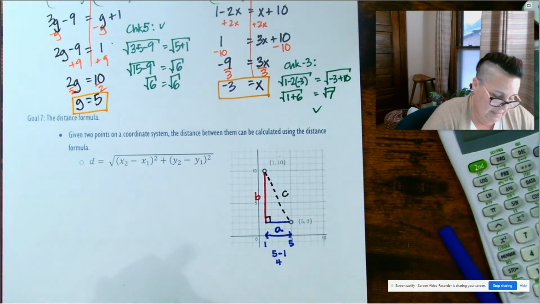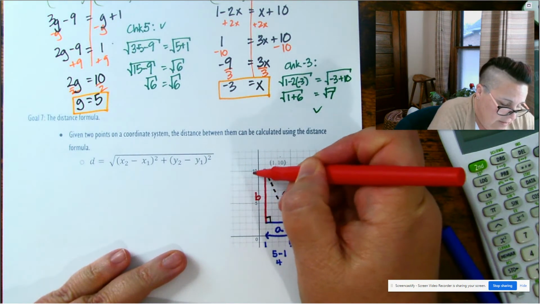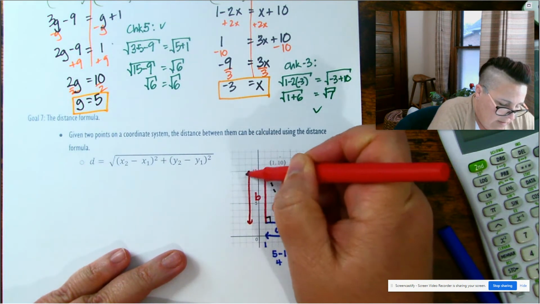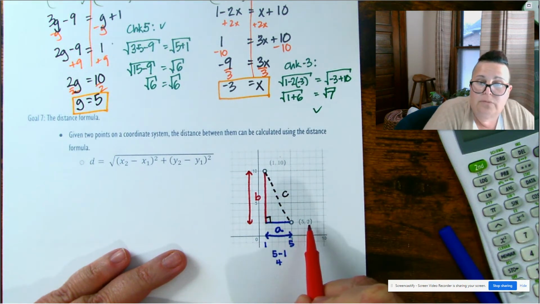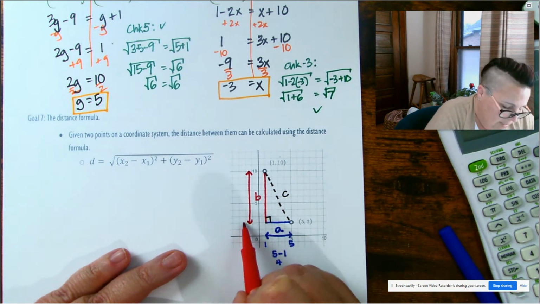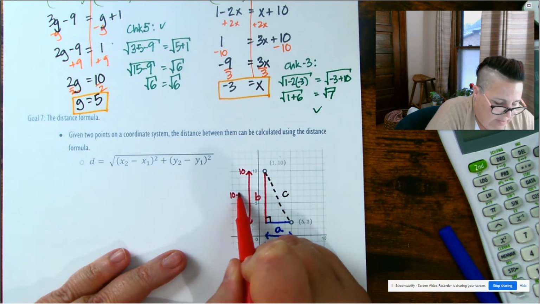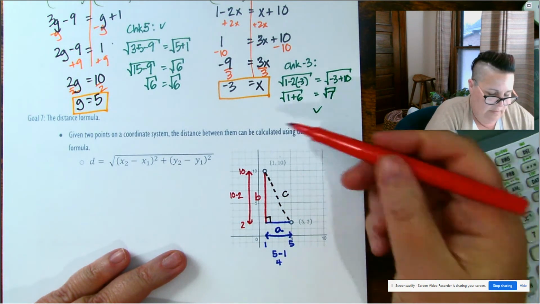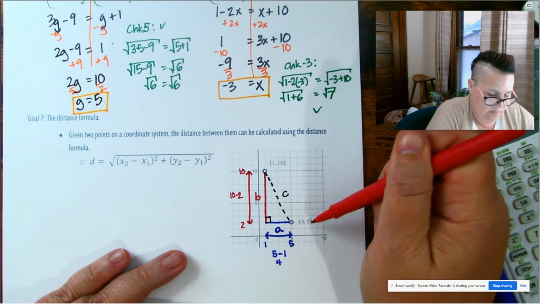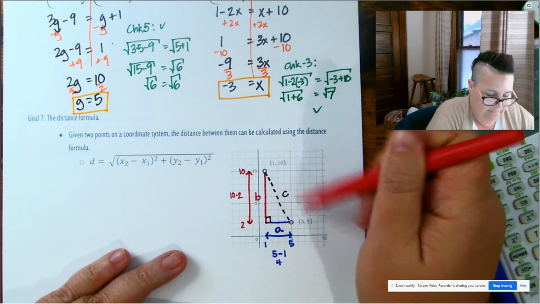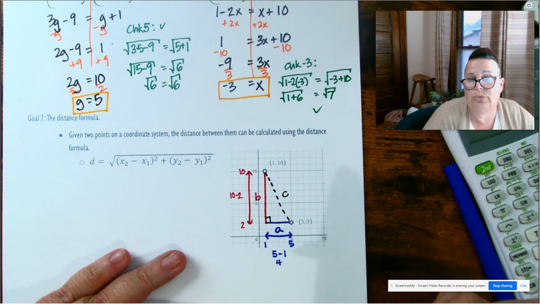The distance for B goes from 2 all the way up to 10, or 10 minus 2.